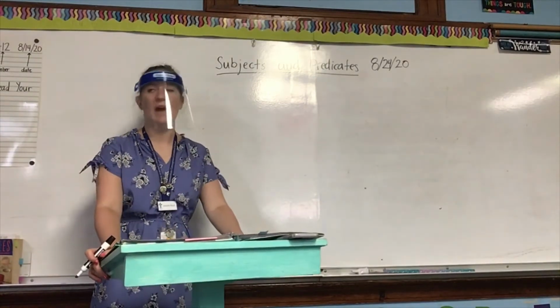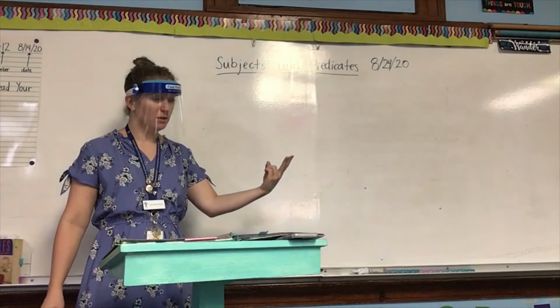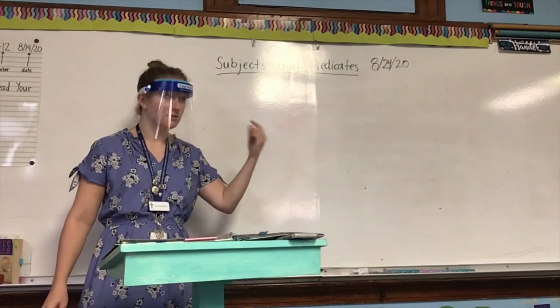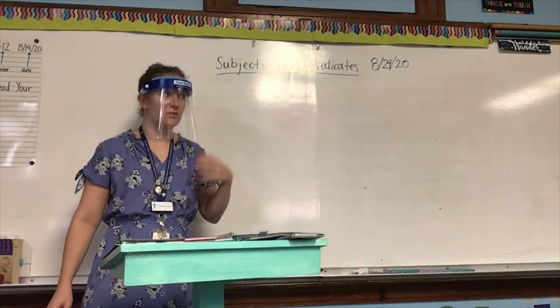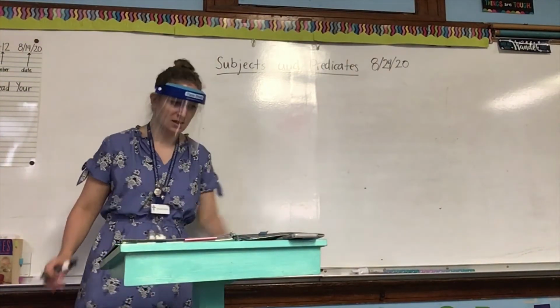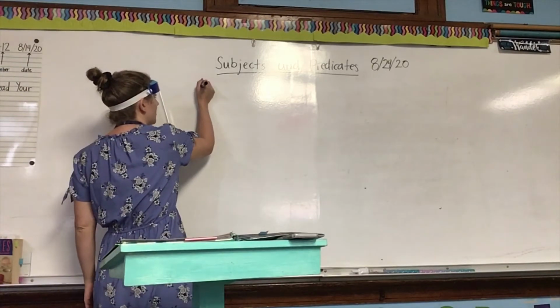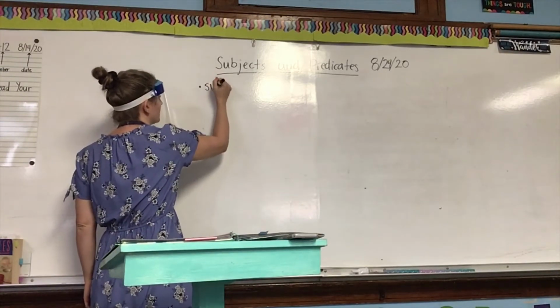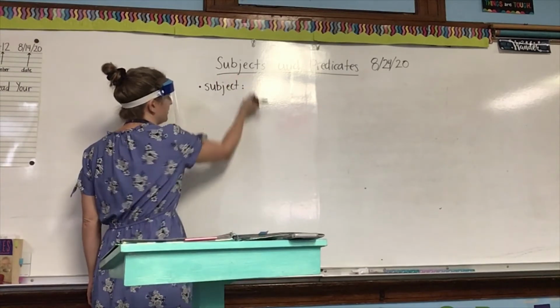We know to have a complete sentence, you need a subject and a predicate. The subject, remember, tells who or what. The predicate says what happened or what is. So, in your notebook, we're going to first write the definition of subject.